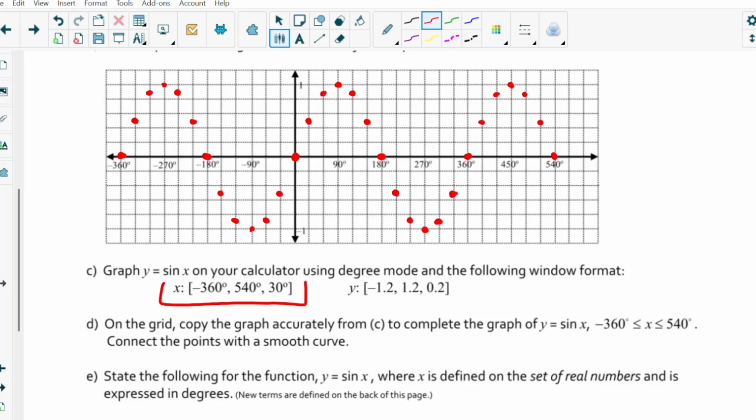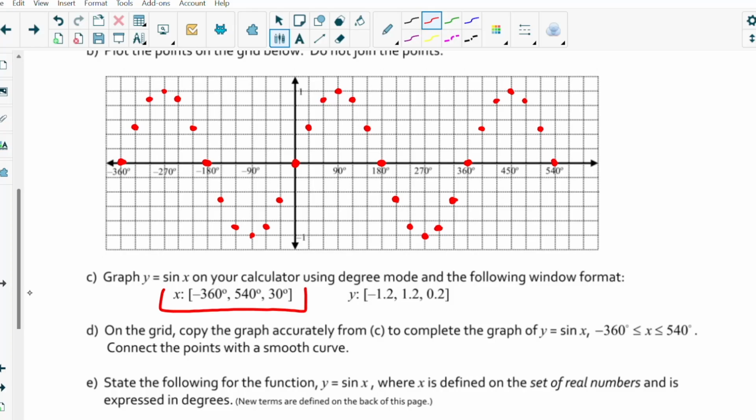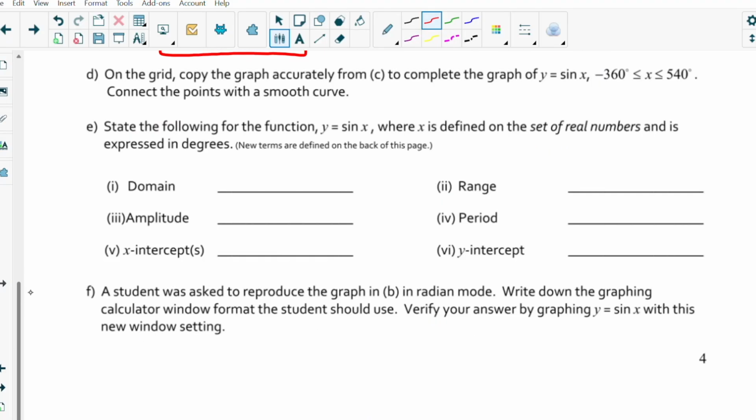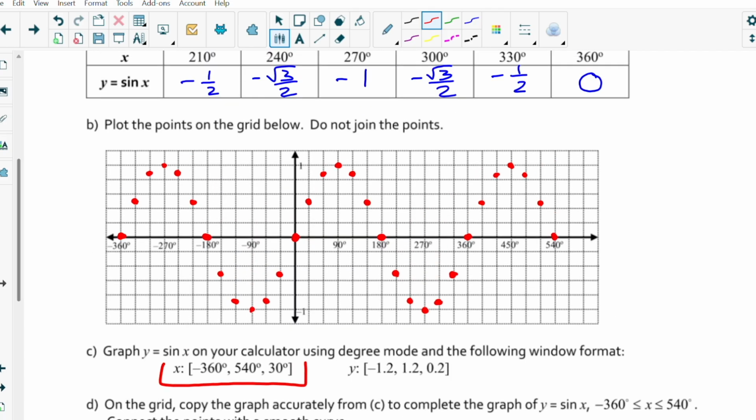On the grid, copy the graph accurately to complete the graph of y equals sine of x, negative 360 to 540. Connect the points with a smooth curve. So let's do that. Nice and gentle curve here. I'm going to do an arrow because it means it continues. So let's continue here. Down, down, down, up, up, up.